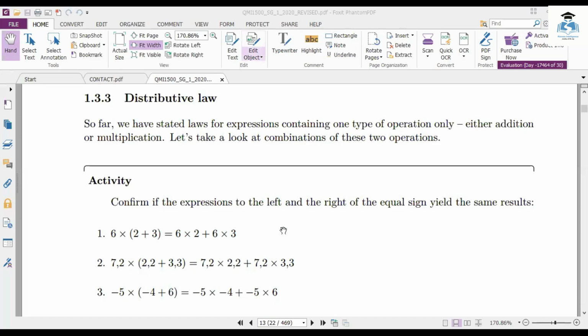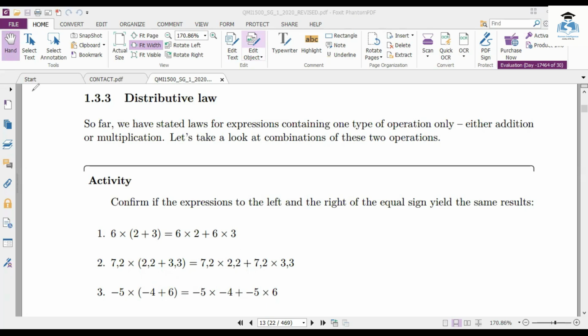Do we all agree? 39.6 here, on this side 39.6. Is it the same with this one? All right, perfect. So we all agree that the result is true.